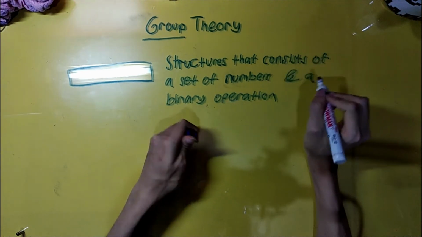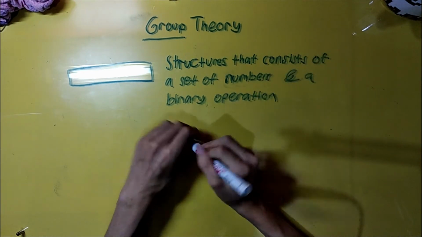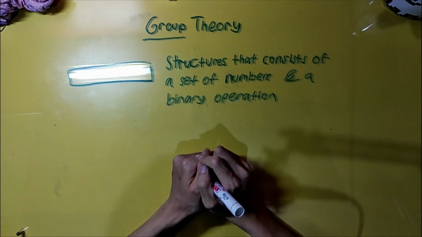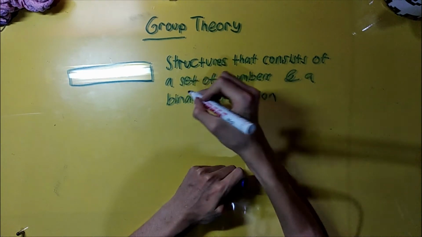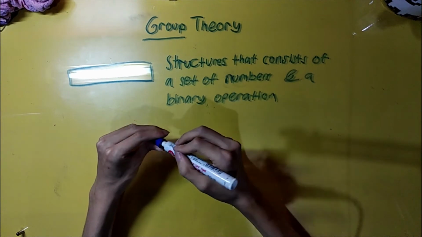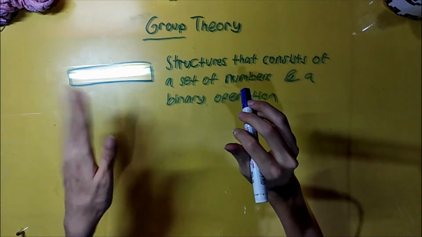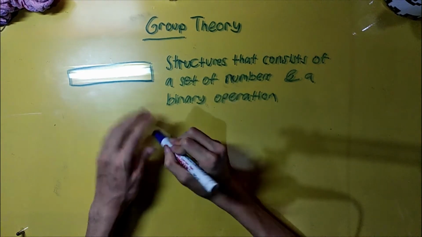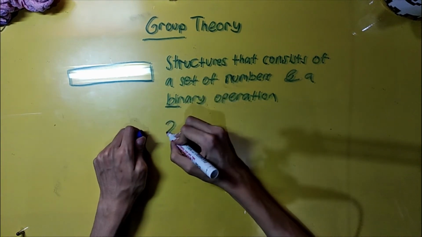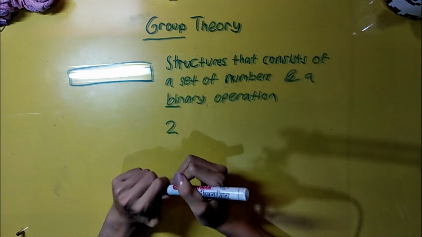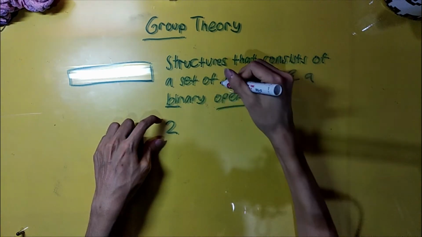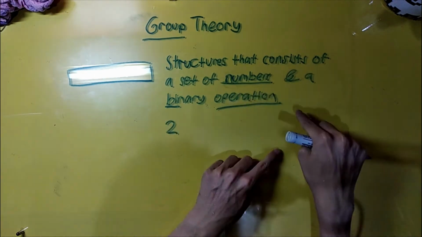Alright, second complicated word, binary operation. What is a binary operation? Well, from the 2-letter word bi, meaning 2, it is an operation that uses 2 numbers to create another number.